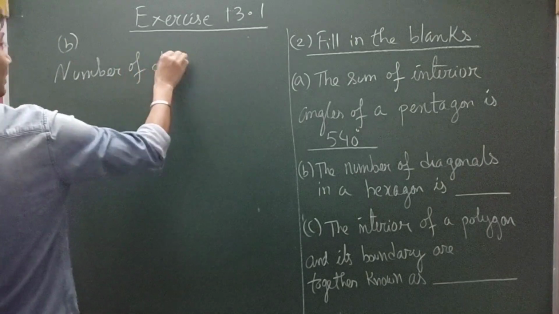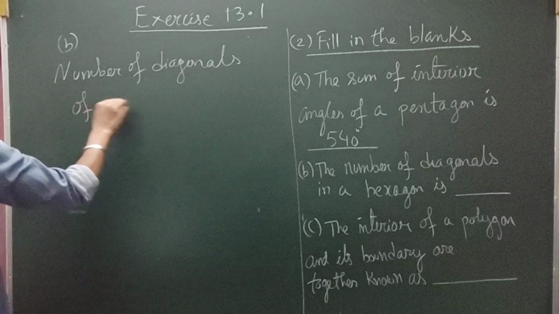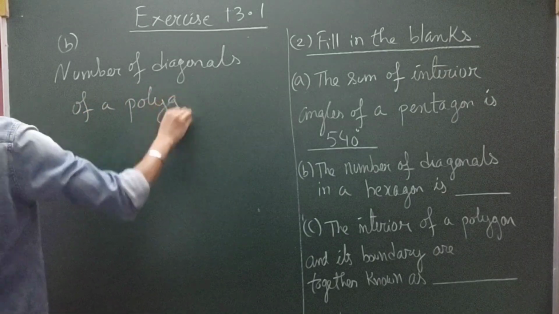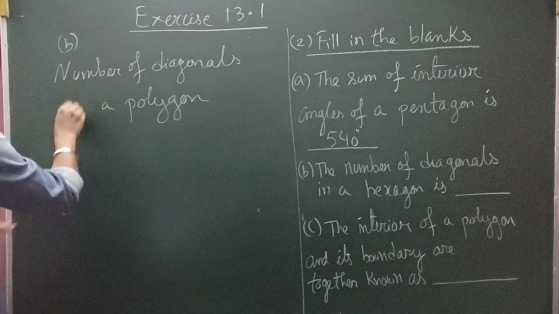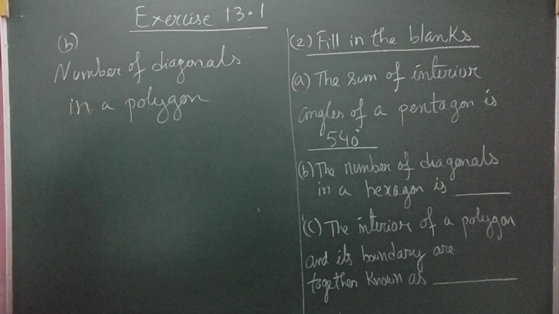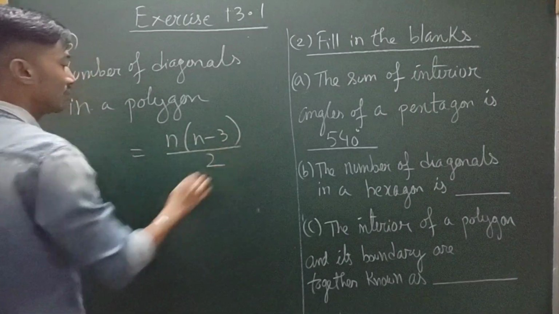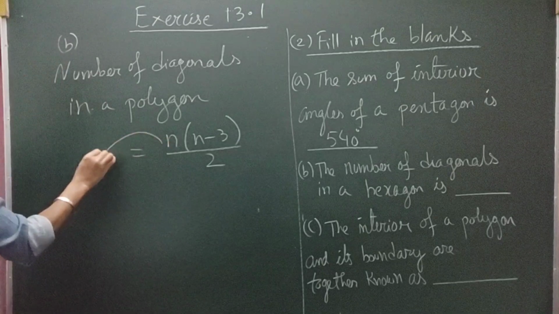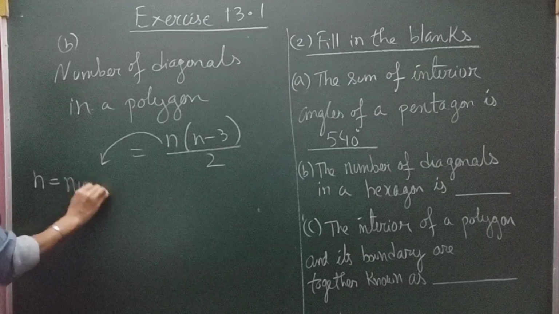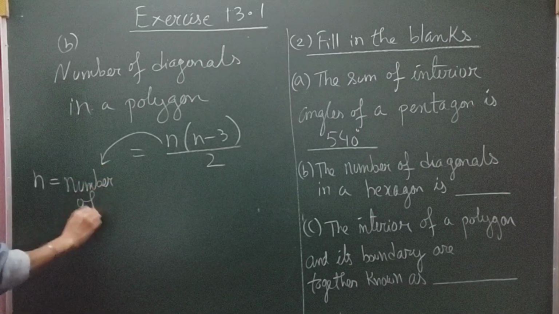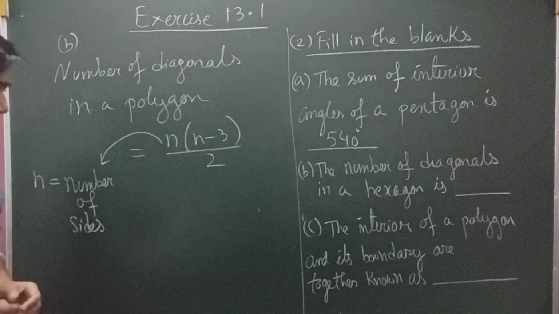The number of diagonals in a polygon is n into (n minus 3) divided by 2, where this n means, we have already discussed, the number of sides of that particular polygon that we are talking about.